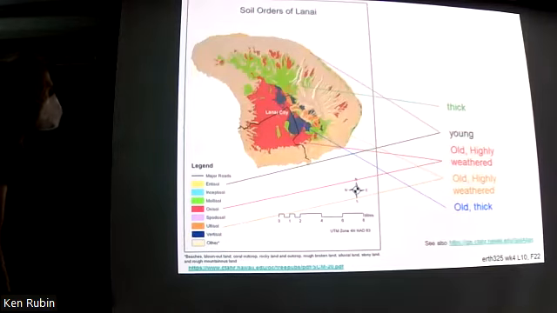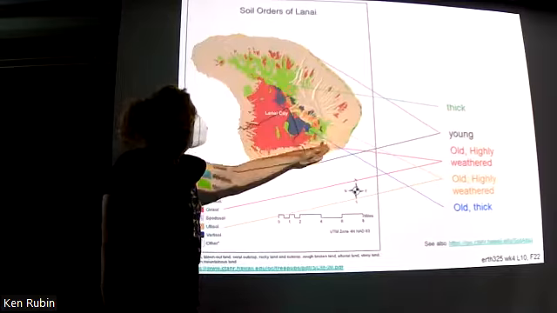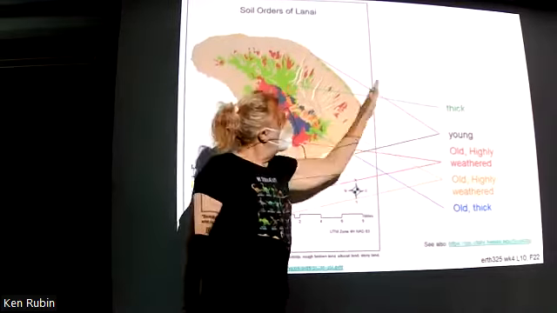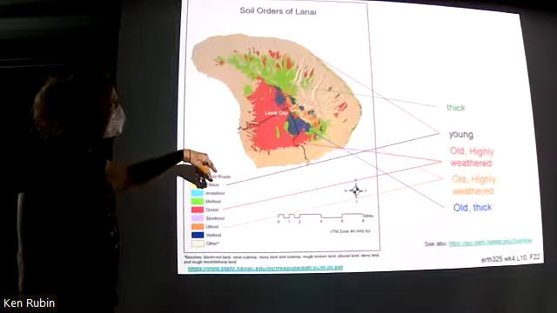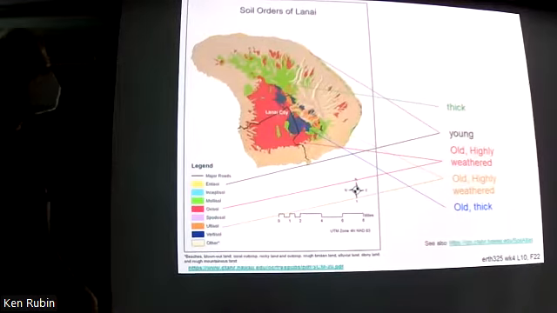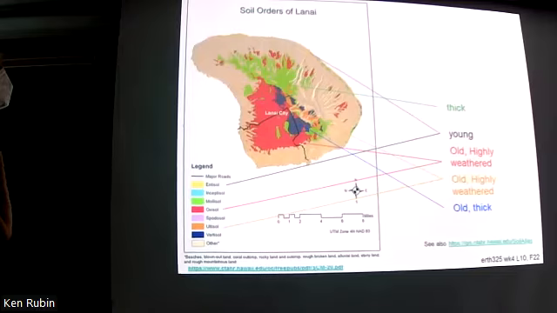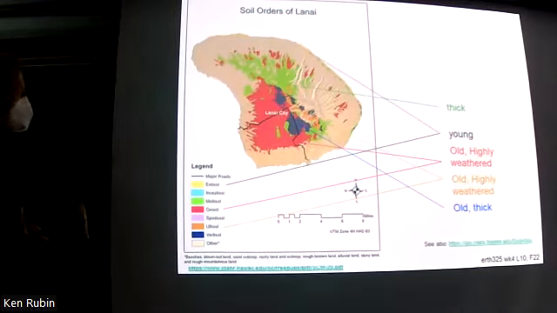This is a map of the island of Lanai, which has a spur of mountains over here called Lanaihale. Maui's over there. And this is the former caldera. It was used as a pineapple plantation for about a century until about 15, 20 years ago. And you see the distribution of the soils.